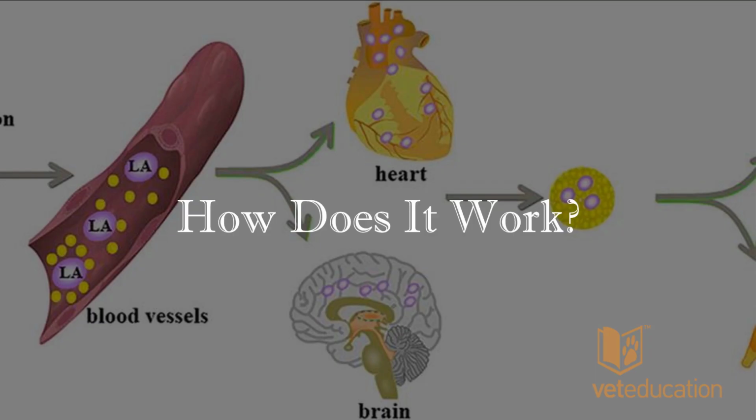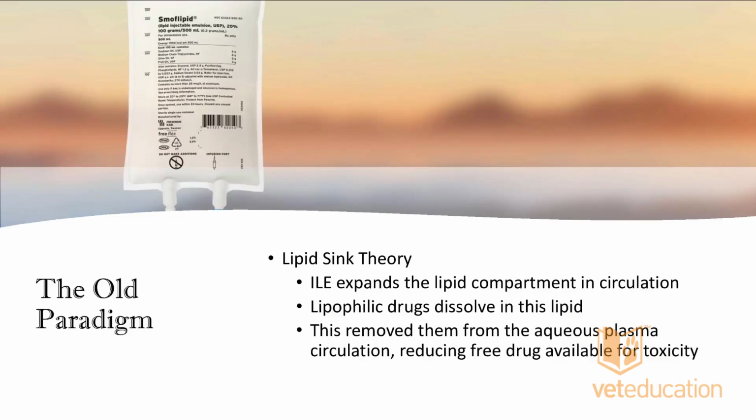So how does it actually work? Well, the traditional theory was that we were giving our patients an intravenous form of lipid, and that anything that was lipid soluble would be soluble within this lipid compartment that we had created.